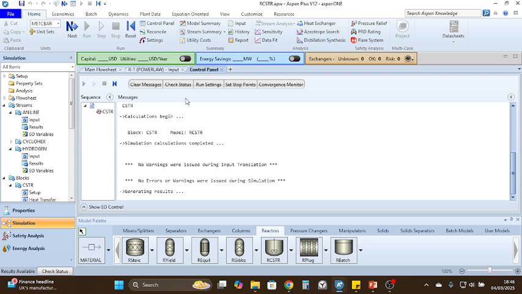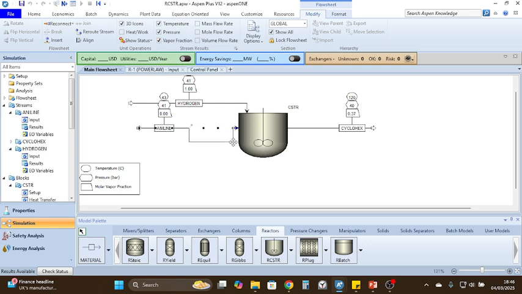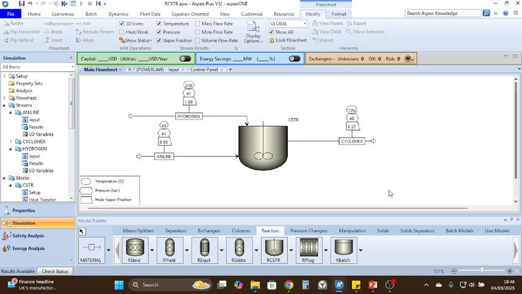So here the result is obtained. If we look at the pressure, temperature and vapor fraction, then you can see that aniline is pure liquid, the vapor fraction is 0.